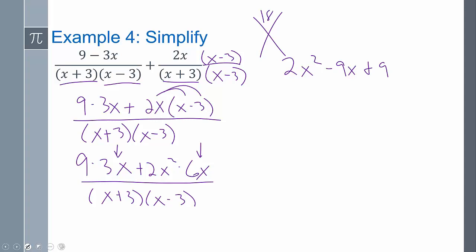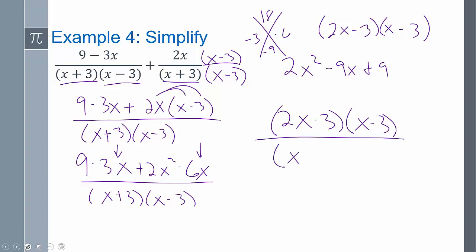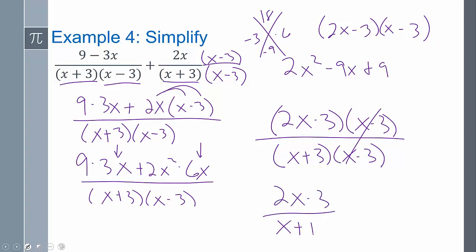Factors of that are going to add to b. So I have negative 3 and negative 6. And so that's going to be 2x minus 3 and x minus 3. Just saving some time. And in the denominator, I still have x plus 3 and x minus 3. Those cancel out. And so that's going to be my answer.